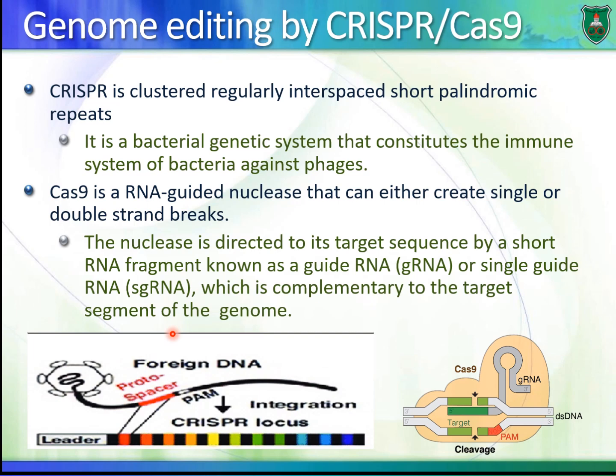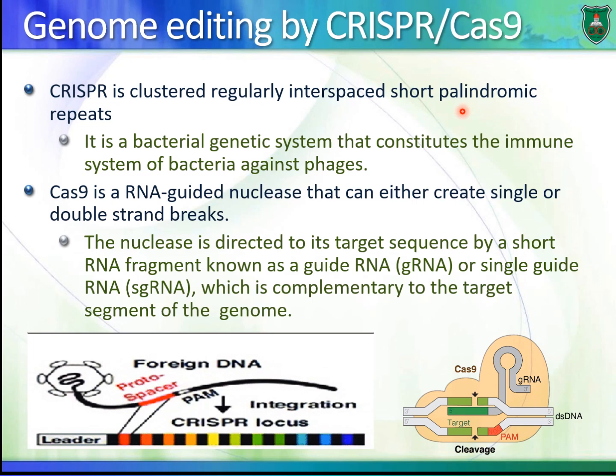Now, CRISPR stands for clustered, regularly interspersed, short, palindromic repeats. So let's look at it one word at a time. It's a repeat, so basically it's a sequence that is repeated over and over again. And this sequence is palindromic.